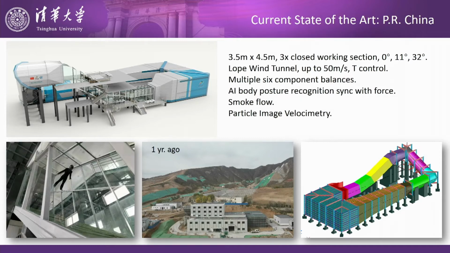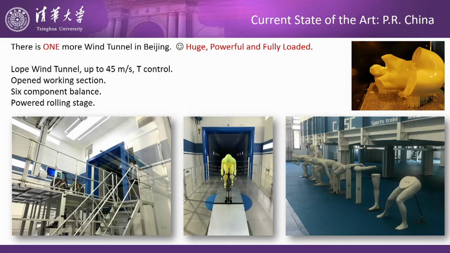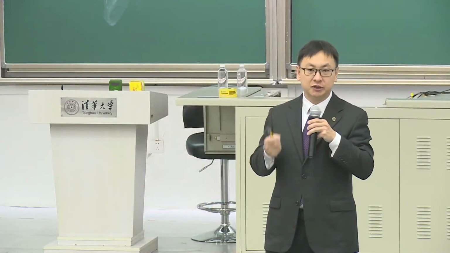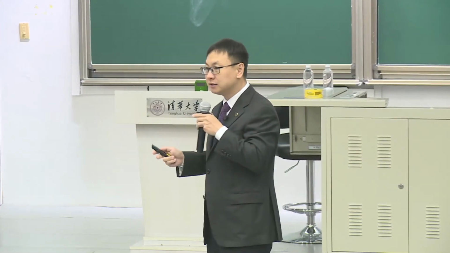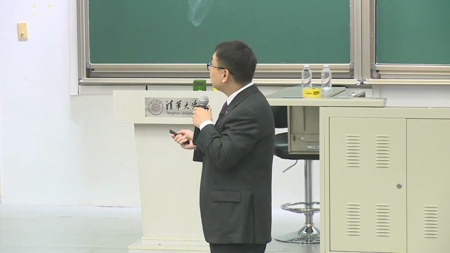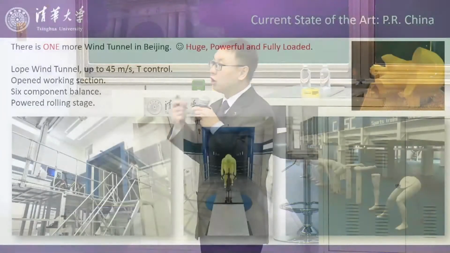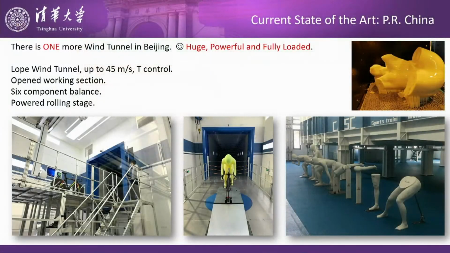The big brother: we have one wind tunnel in Beijing. I don't have pictures or locations. It's huge, powerful, fully loaded. It can hold a real bobsleigh. Just now we mentioned that Australia uses a 50% scaled model, and we can do full size. It's a looped wind tunnel with an open test section. You can see this is the outlet and this is the test stage.